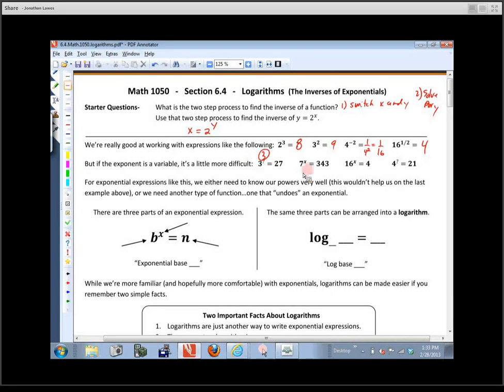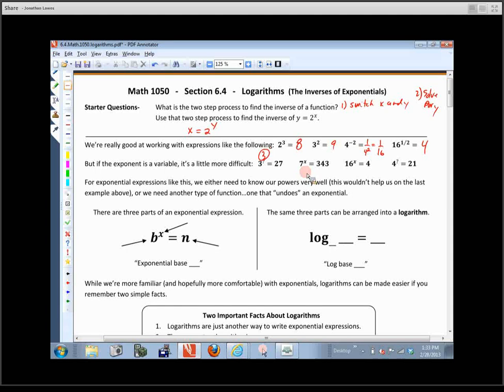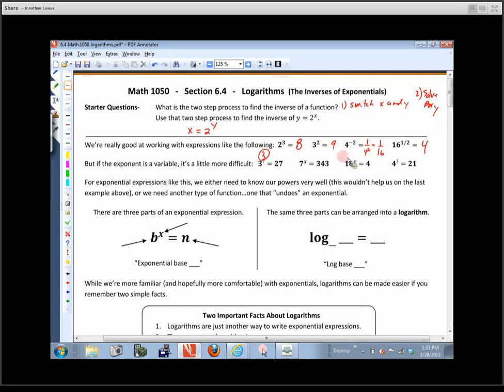If I do this one, this is a little bit more difficult because this isn't a power that you would have memorized. 7 to the x equals 343. We're missing that exponent. That is a much more difficult problem than what we were asked on this line right here. Now, if you grab your calculator and just start doing 7 to the first, 7 to the second, 7 to the third, 7 to the fourth, maybe you'll get lucky and at least come within a ballpark of it.